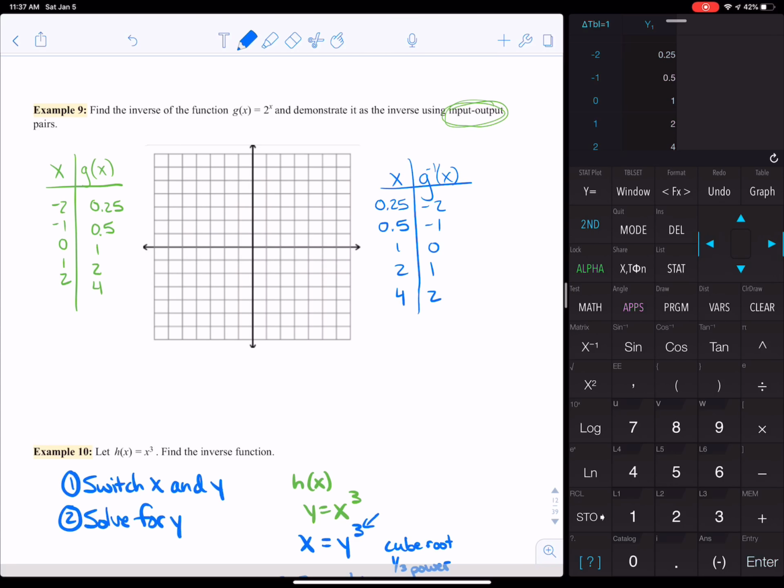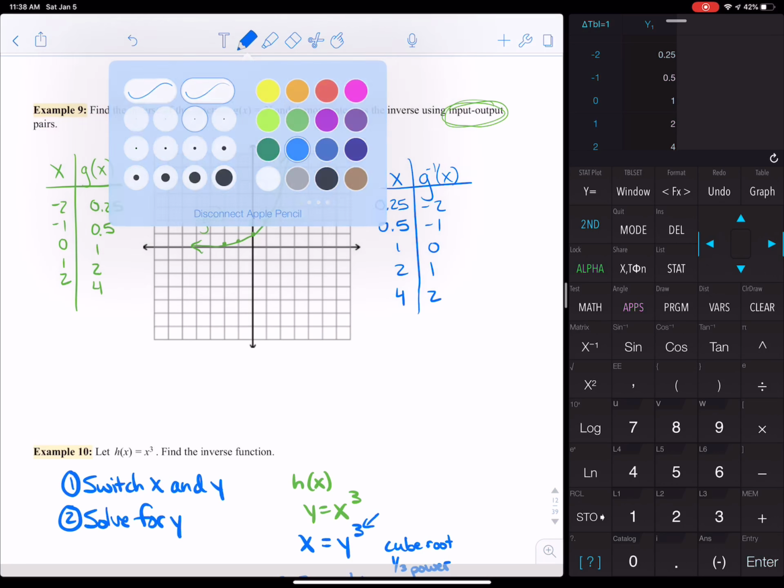All right, so I'm going to graph the original one in green. So -2 goes with 0.25, -1 is 0.5, 0 goes with 1, 1 is with 2, and 2 goes with 4. So that's our original function, g of x.